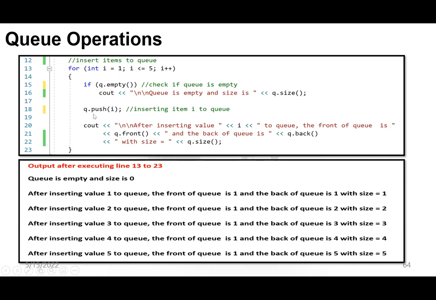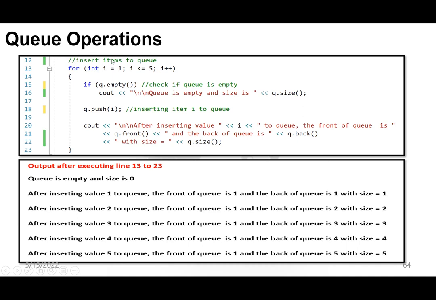After I call queue.push(i), where i is 1 for the first time, it prints the message after inserting value 1 to the queue. The front of the queue is 1 and the back is also 1, because you only have 1 node inside your queue, and the size of your queue is 1.